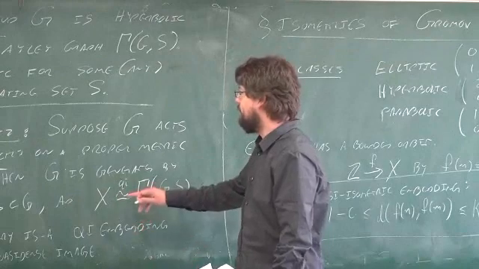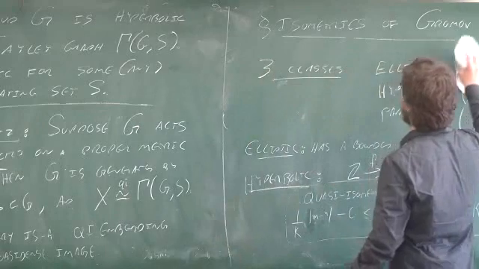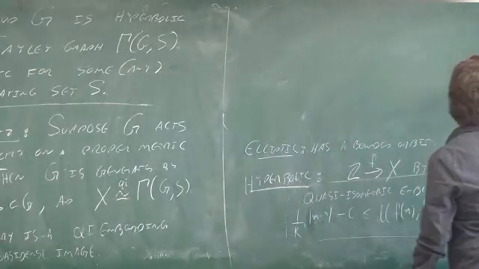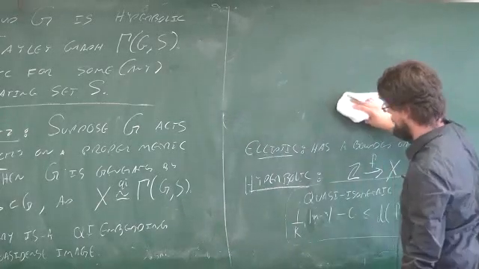Now, so that's one fact. A second fact is that if you have two geodesic spaces and one of them is delta hyperbolic, then so is the other, well, for maybe a different choice of delta.